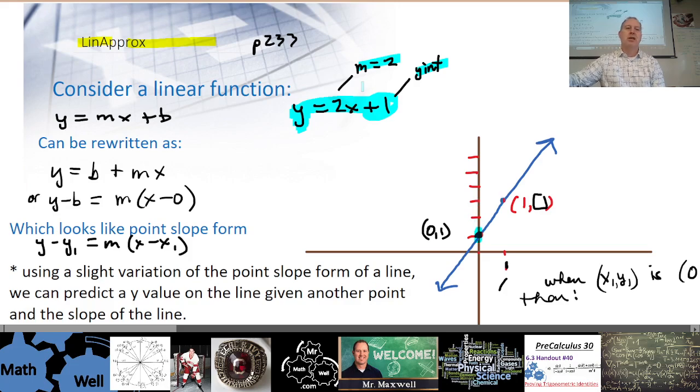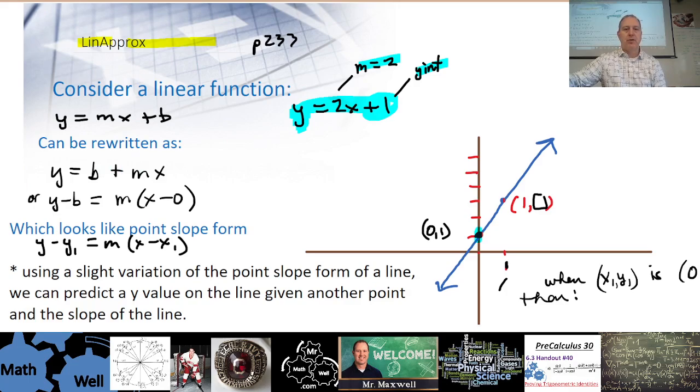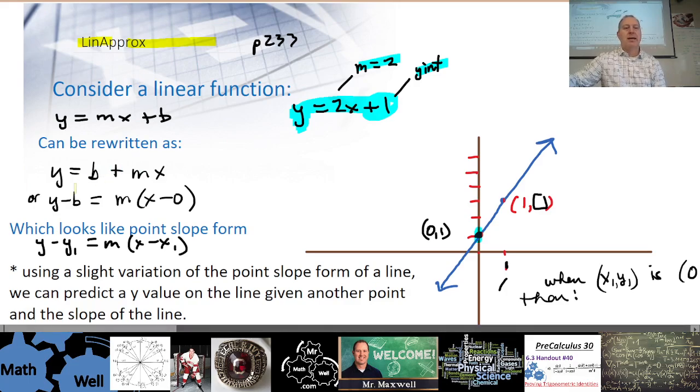All right, so this is in the form of y equals mx plus b. Well, we can change this form. This is the slope-intercept form. We can change this around a little bit, write it as y equals b plus mx, and then if you notice, it starts to look a little bit like the point slope form. Okay, so I'm going to take the b over to this side.